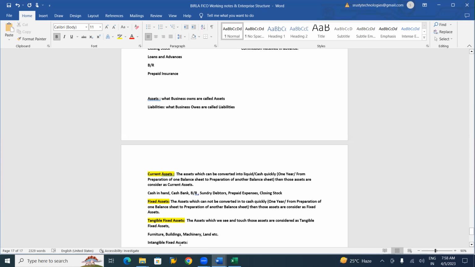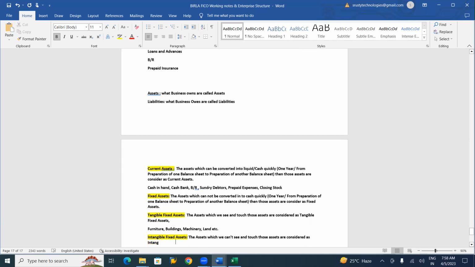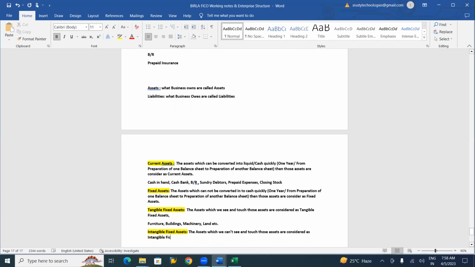Next, we have one more asset category, that is intangible fixed assets. Opposite to this, they are assets, but the assets which we can't see and touch are considered as intangible fixed assets.